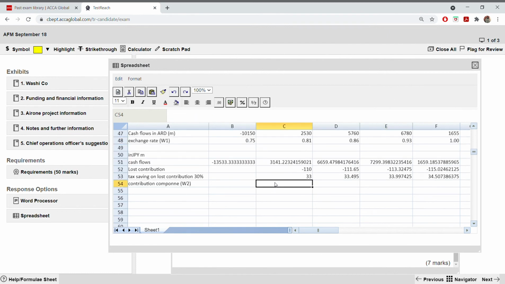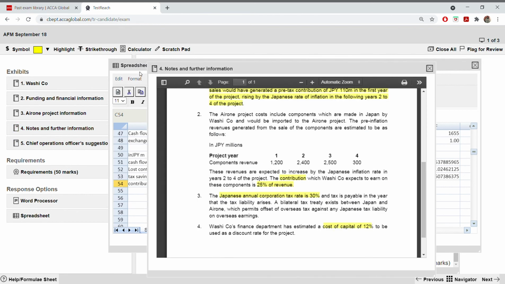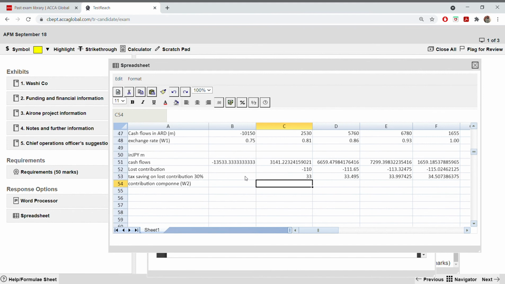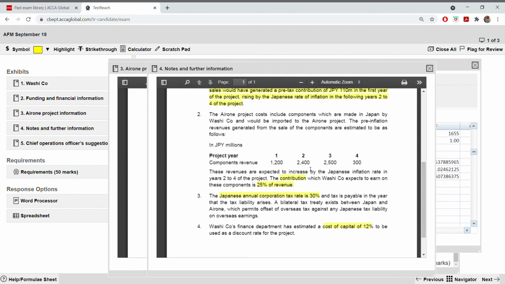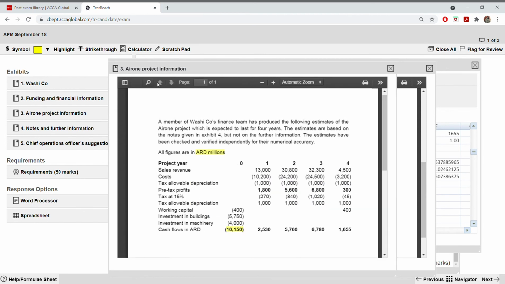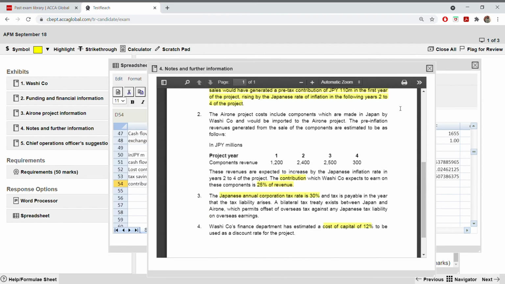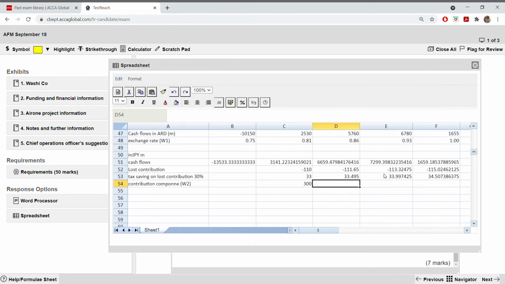So what happens is, on the first, I'm not going to do the working, 25% on 1200 is 300. Next, you cannot take this 2400. You need to inflate this 2400 by the percentage, 2400 into 1.5%.